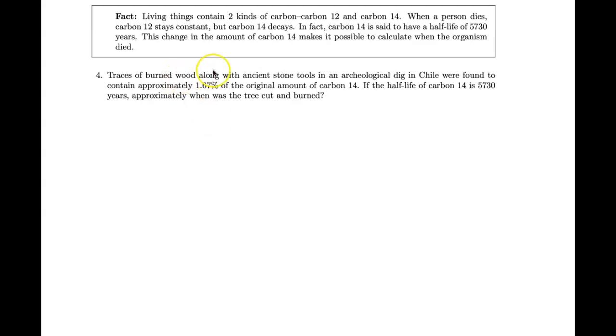So just to note, the idea of the half-life is, let's say that the initial amount A0 is 1, and this is t equals 0. When t equals 5,730, then the amount A is going to be 1/2.